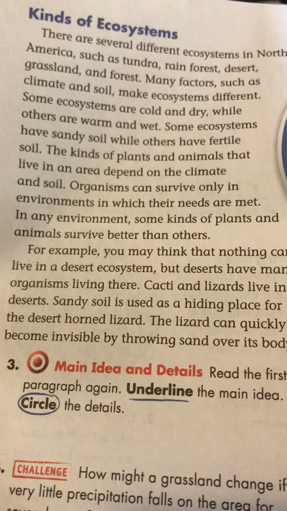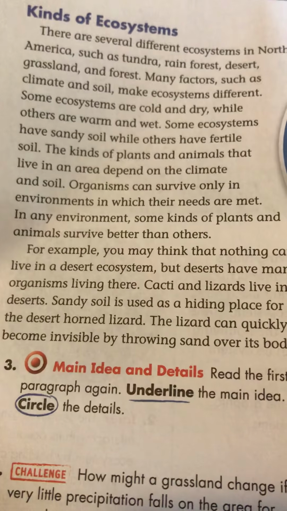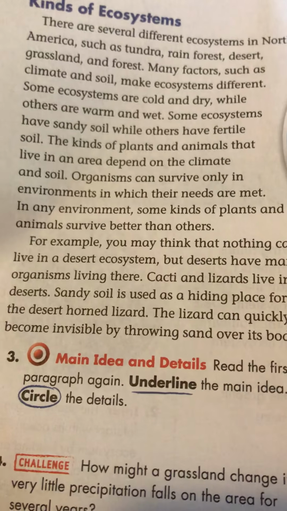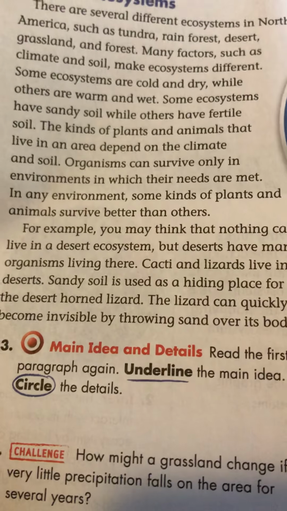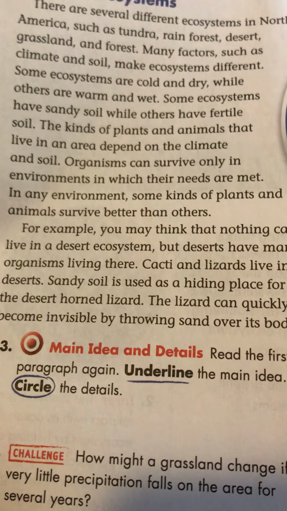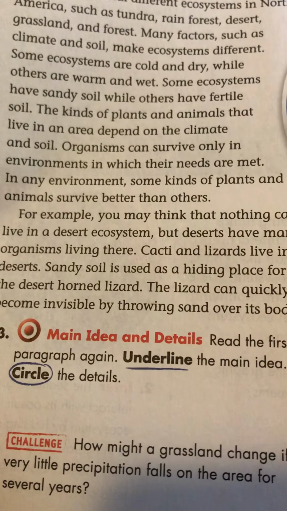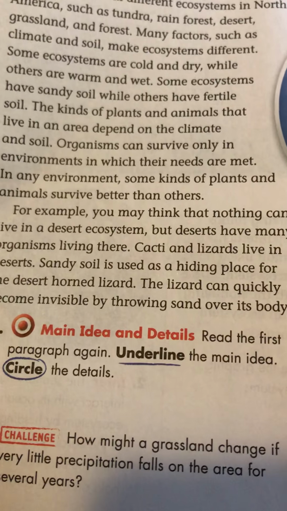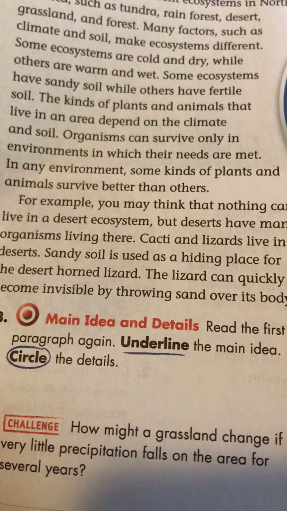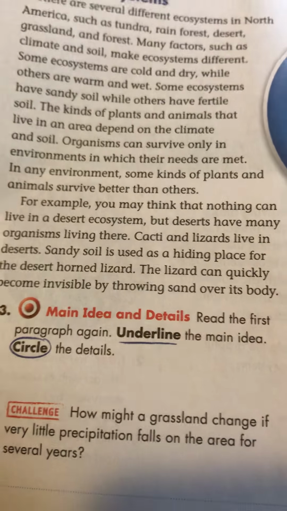Some ecosystems have sandy soil, while others have fertile soil. The kinds of plants and animals that live in an area depend on the climate and soil. Organisms can survive only in environments in which their needs are met. In any environment, some kinds of plants and animals survive better than others.